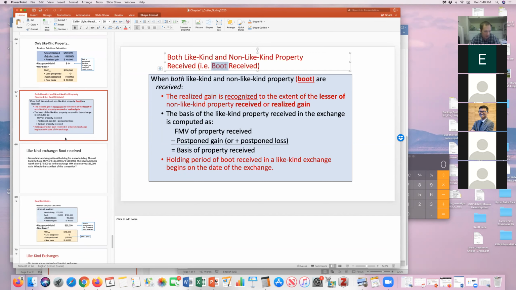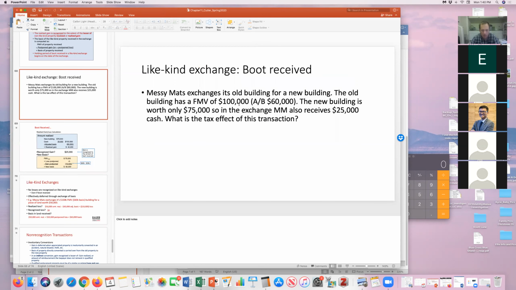So let's see. I had an example where the old building was worth 100,000 and it's trading it for a new building that's worth less, 75,000. So the other party also throws in 25,000 to make the value work, to make people willing to do this transaction.